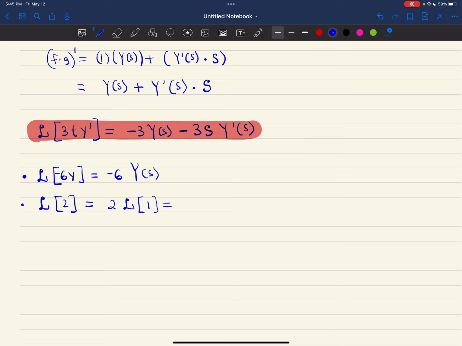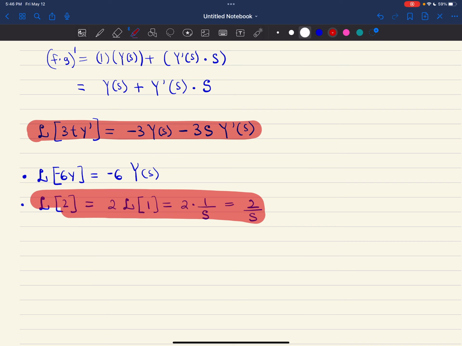Again, you would have to use a table to figure out that Laplace of 1 is actually 1 over s. So we have 2 times 1 divided by s, which just gives you 2 over s. So that's pretty much what we have to do.